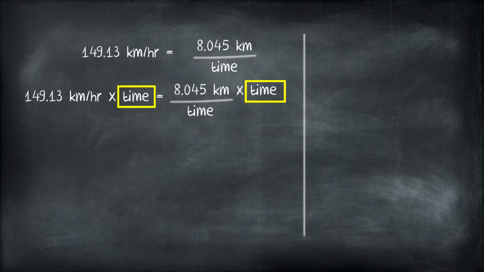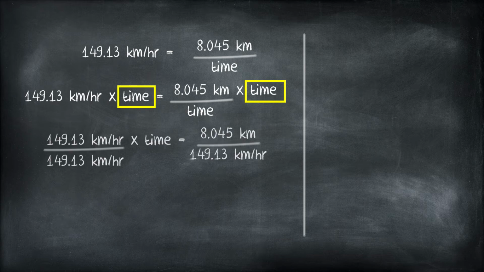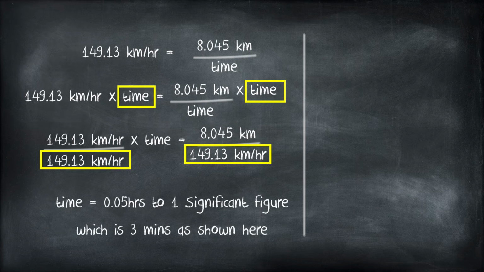Because this question is asking us to find the time it took for Abdullah to complete the time trial, we need to get time by itself. To do this, we will divide both sides of the equation by 149.13 kilometers per hour. This will leave us with time is equal to 0.05 hours to one significant figure.